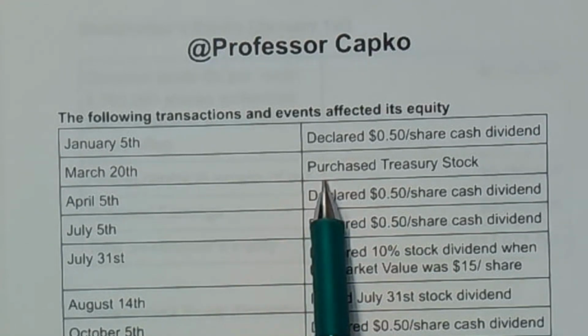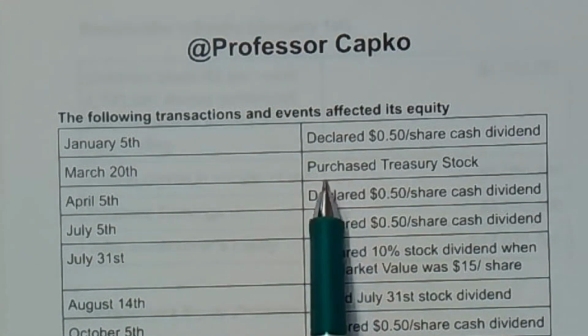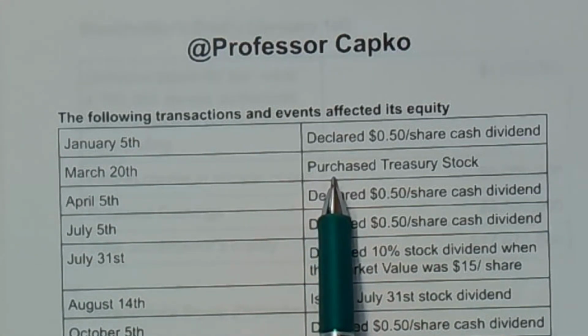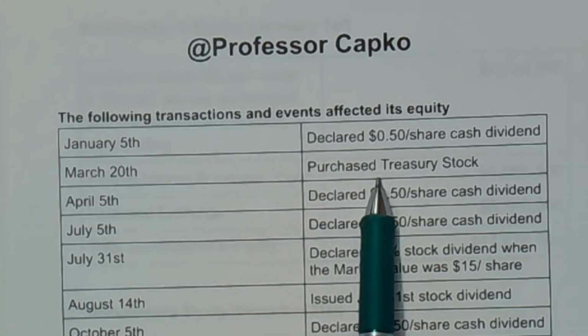That means that the company went into the open market, purchased some of its own shares back from investors with cash and placed it into its own holdings. We call this treasury stock, and there's some other videos that I'm going to do that delve into that in more detail. But just know that these shares that are purchased for treasury stock will no longer be considered outstanding because they're now held by the company.